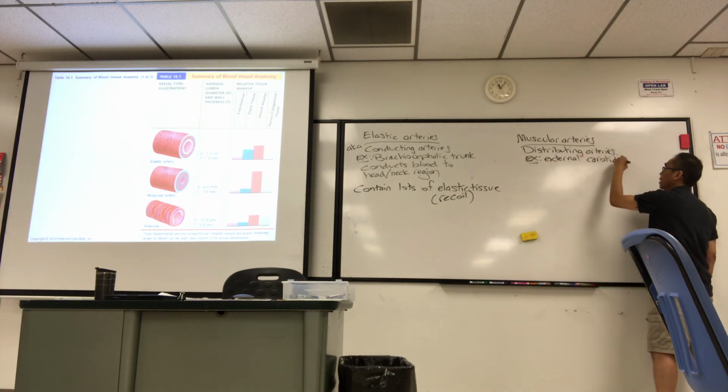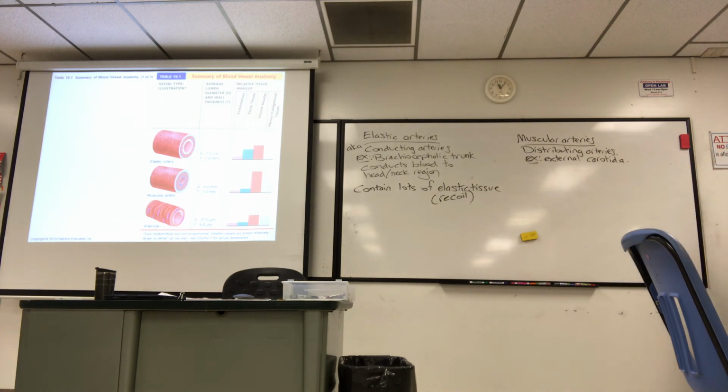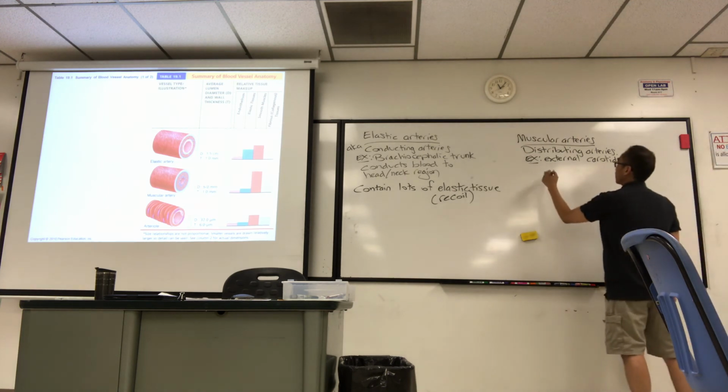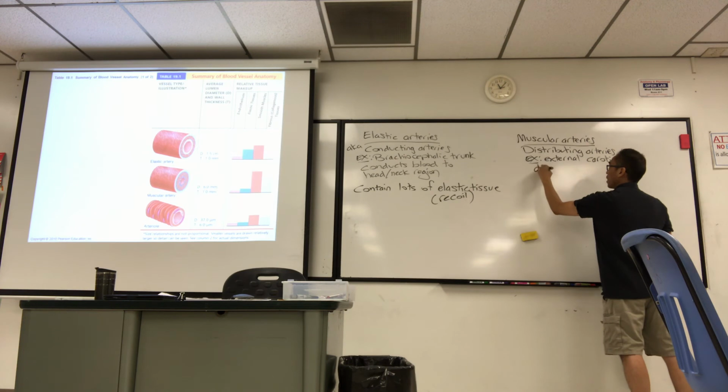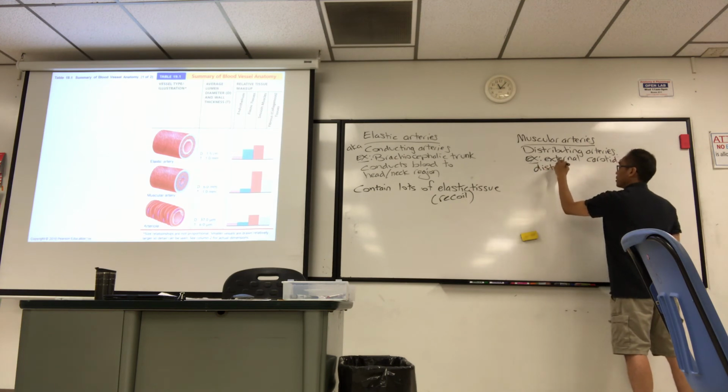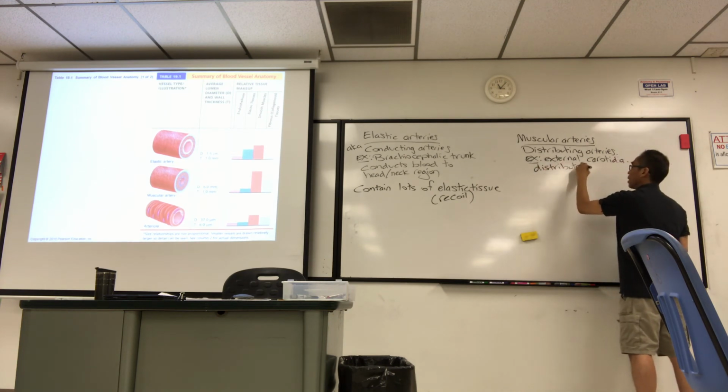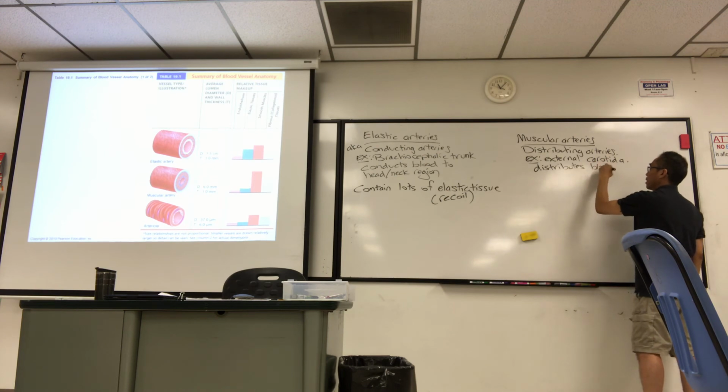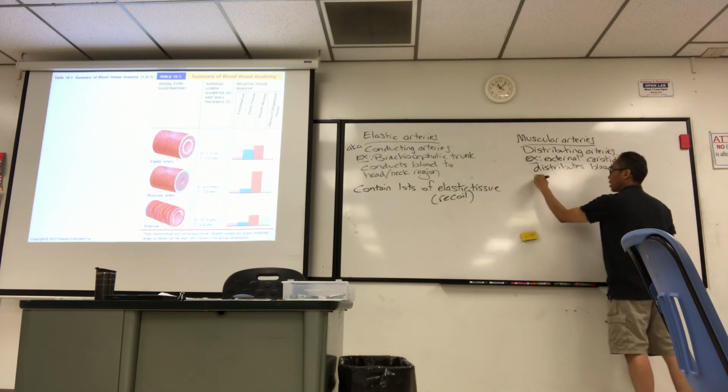It's a branch of brachiocephalic, as we'll see, and it'll distribute blood to the neck, external skull. It distributes blood within the region.